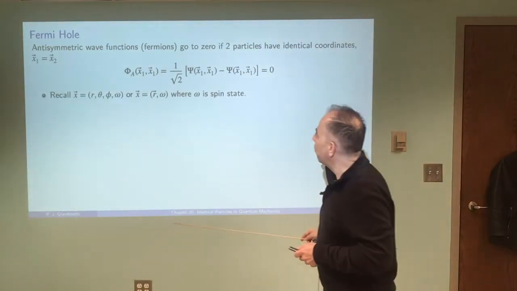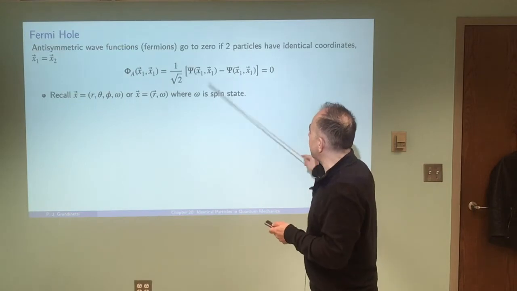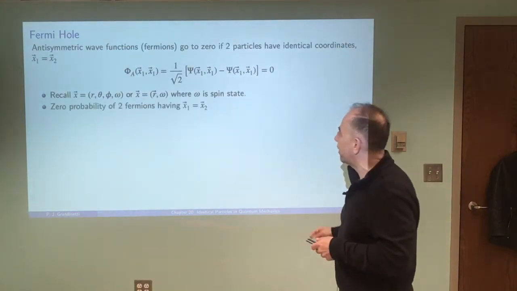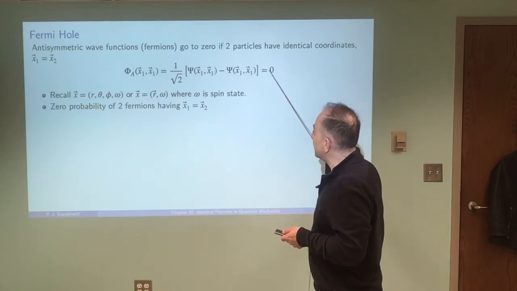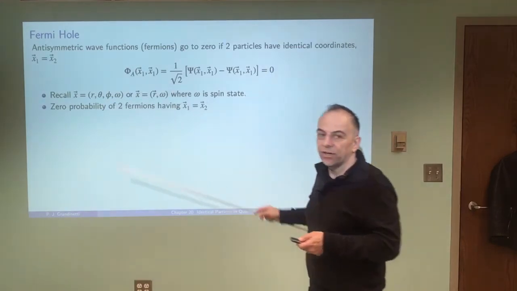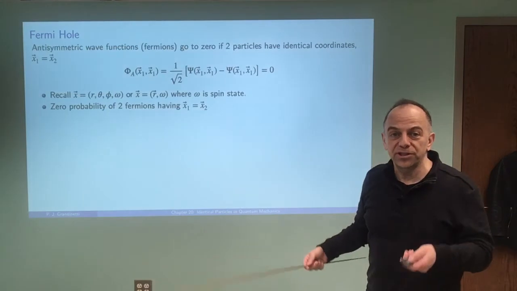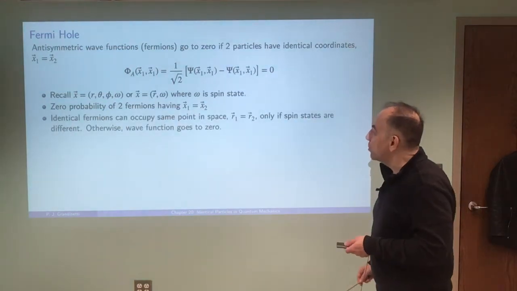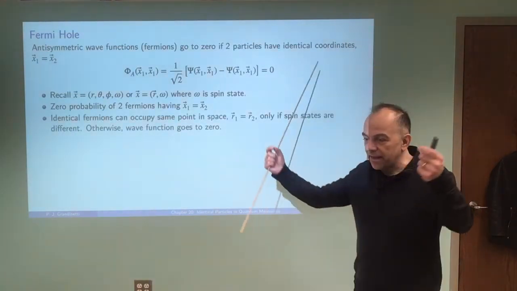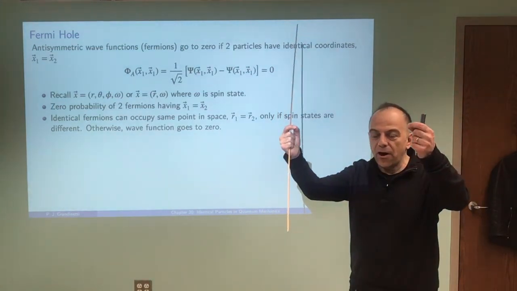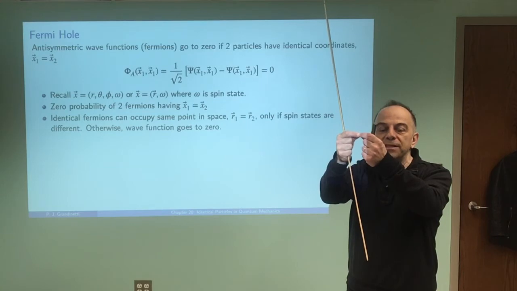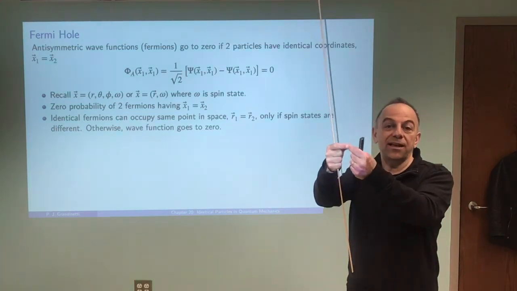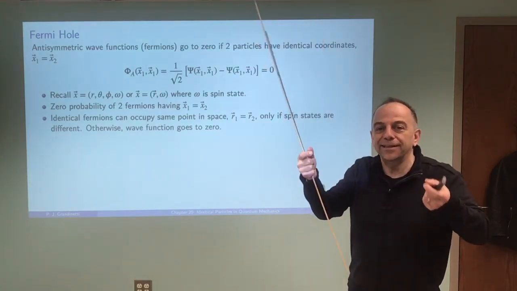That means it's spin and position. And since these cancel each other out and we get 0, the square of the wave function, which is the probability, is also 0. So if we're looking at those two particles coming together at the same point in space, there's effectively a node, in a sense.